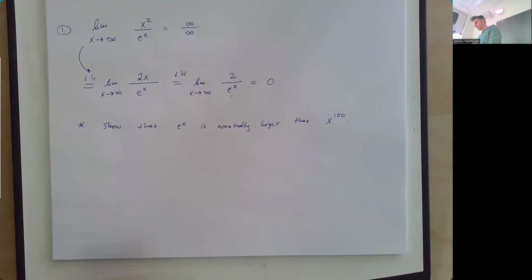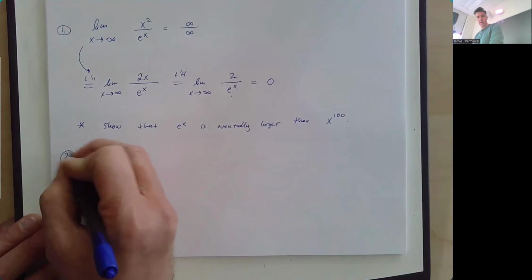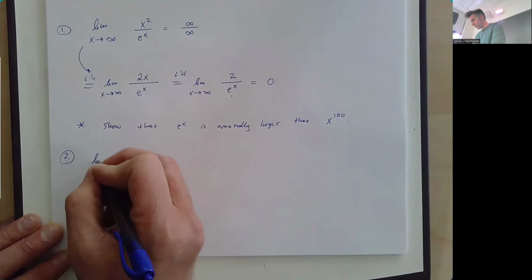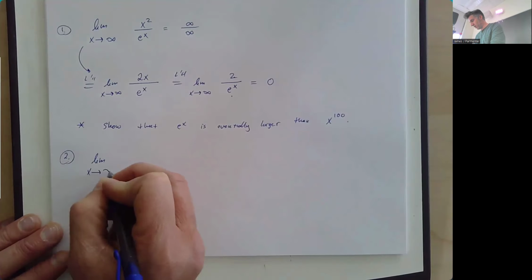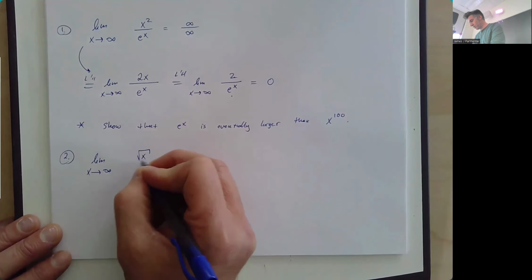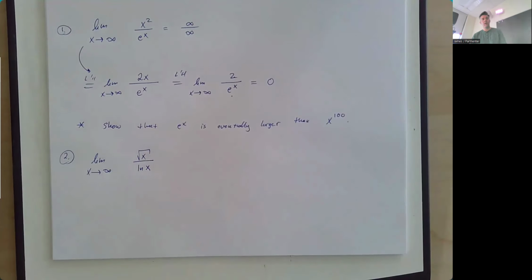Sure. Let's look at some other examples. Like the limit as x goes to infinity of the square root of x over the natural log of x. Whenever you're looking at a limit like this, you should always be asking yourself, can I use L'Hopital's rule? Then you might also ask yourself, should I use L'Hopital's rule? Because sometimes you can use it and you should not, because it's not great.